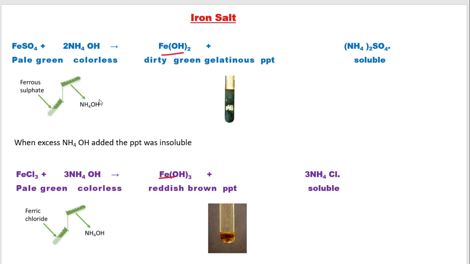When Fe2+ was reacted with ammonium hydroxide, we form a dirty green gelatinous precipitate, Fe2+ hydroxide, and when you are reacting Fe3+ salt with ammonium hydroxide, ferric hydroxide was formed, which is reddish brown in color. So the formation of reddish brown precipitate will indicate the presence of Fe3+ ions in your sample. Clear?